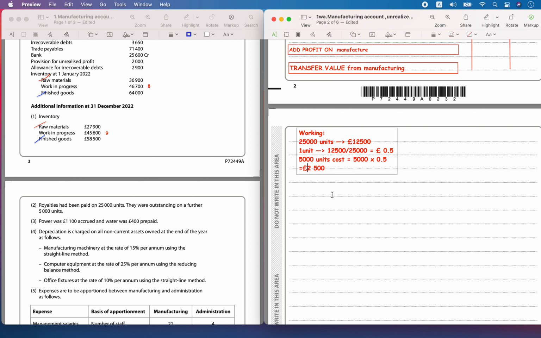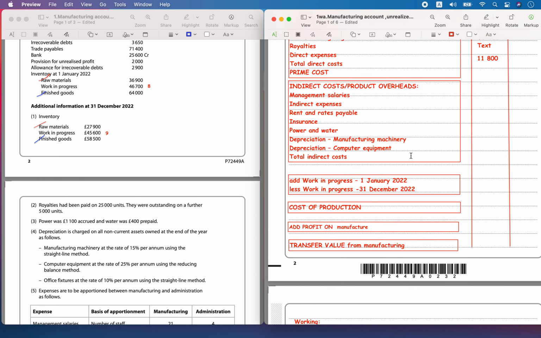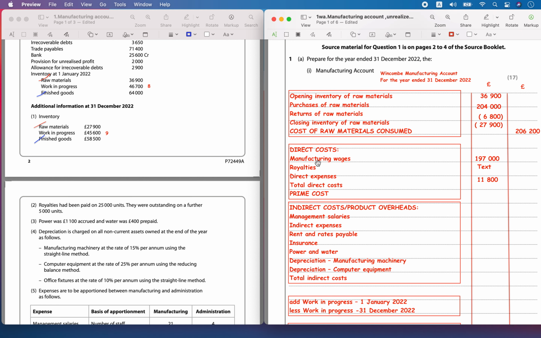Here they have given units, so you have to be careful. We have to include only the cost. So the royalties paid is now going to become equal to 12,500 plus 2,500, 15,000.